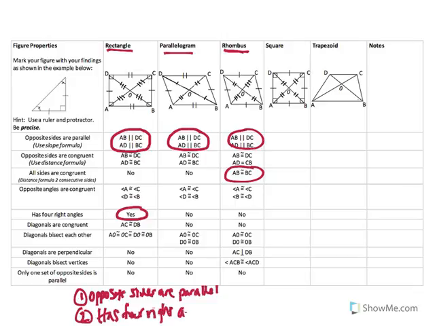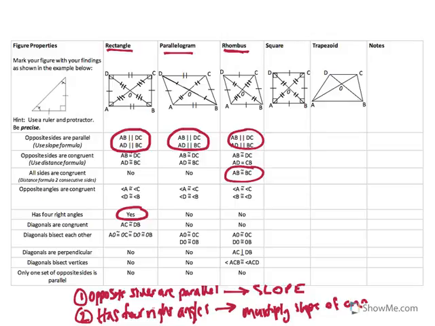To prove opposite sides are parallel, remember, we use slope formula. And to prove that something has 4 right angles, we multiply the slope of consecutive sides. And if we get -1, they are perpendicular and they make a right angle.